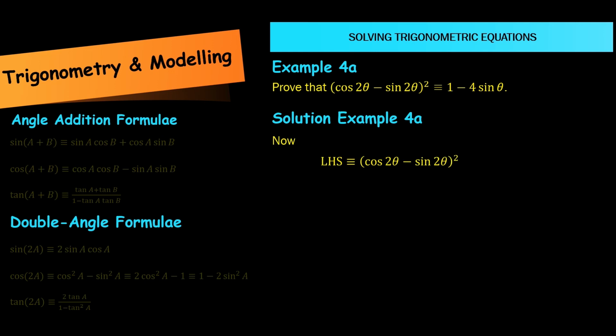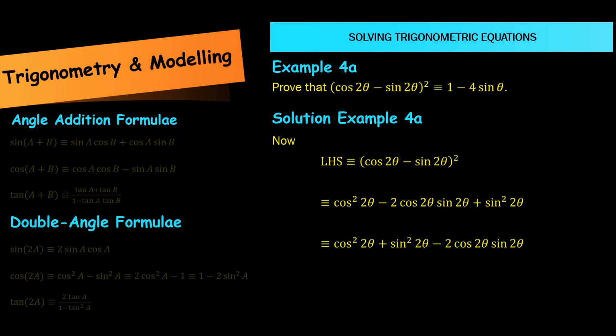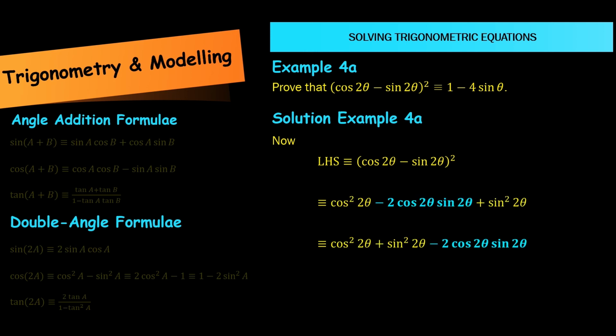We're going to begin by expanding the left-hand side first, as shown. We group cos squared and sine squared together as shown, and tag on the minus 2 cos 2 theta sine 2 theta at the end as shown.